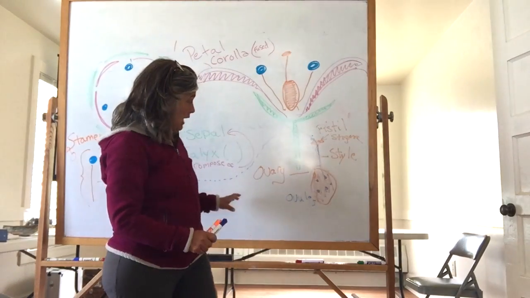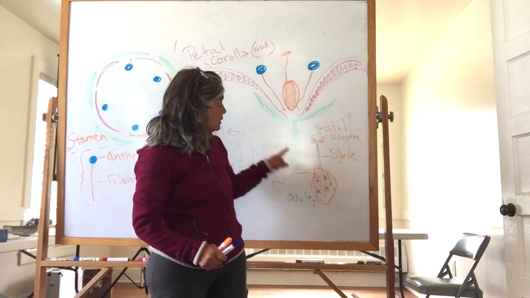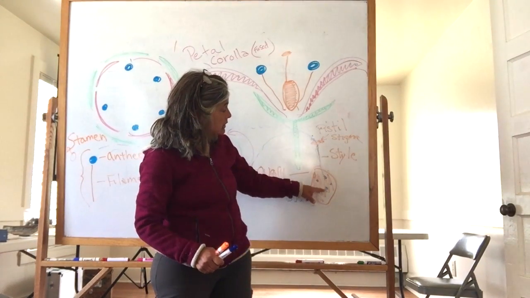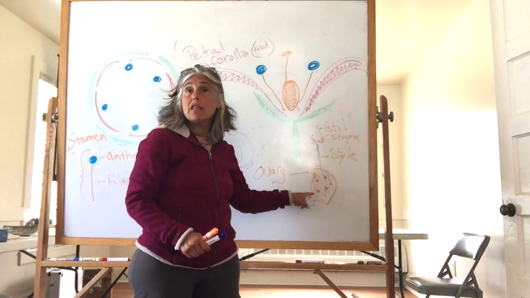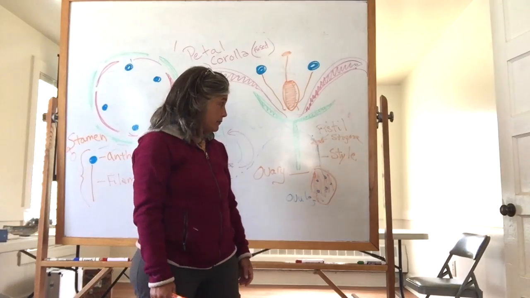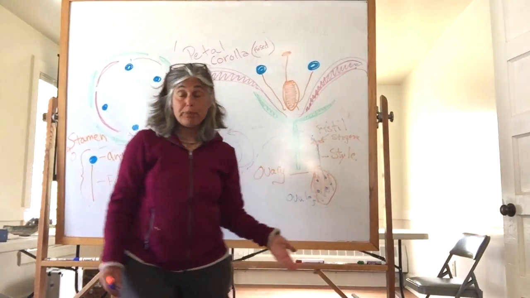Your ovary has eggs, and this ovary has ovules, and when the pollen comes in and hits these ovules, they get fertilized and they become seeds. Does that make sense?